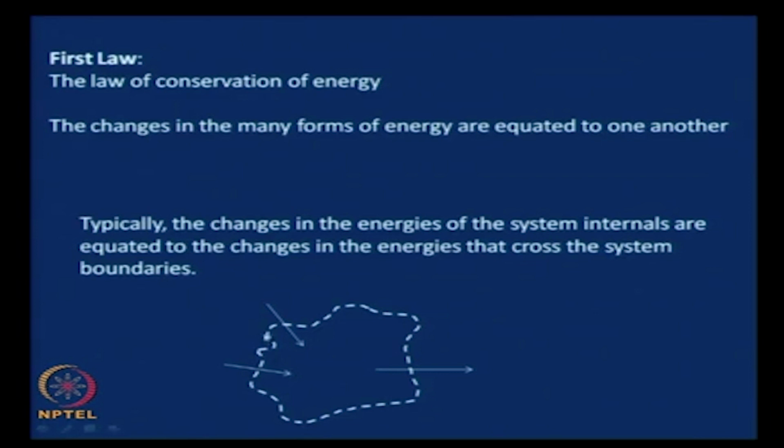This is a system that is indicated by the dotted line here. The energies that cross the system boundaries, these two are coming in and this is going out and so on. The changes in energy inside the system are related to the changes that cross the system boundaries.